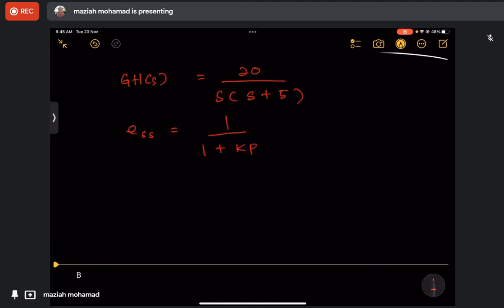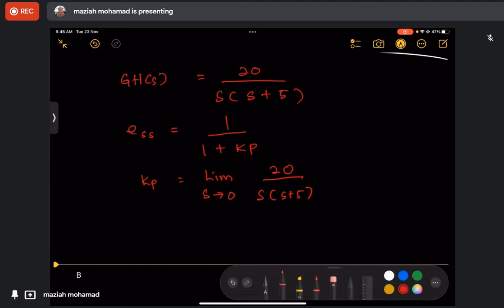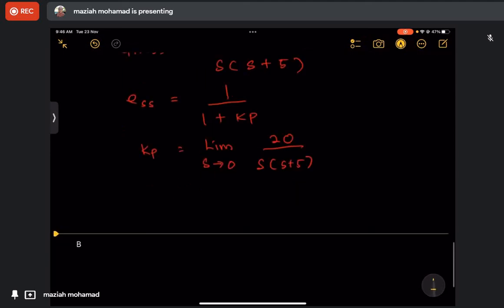Okay, so for the Kp, we're going to apply limit s goes to 0 onto the open loop transfer function, which is 20 over s plus 5. So we apply the s there, and this will become 0. 20 divided by 0 is infinity, right?